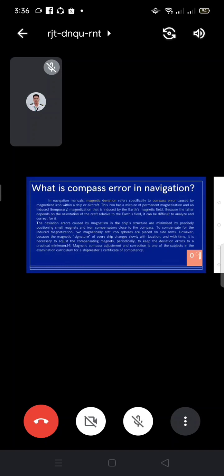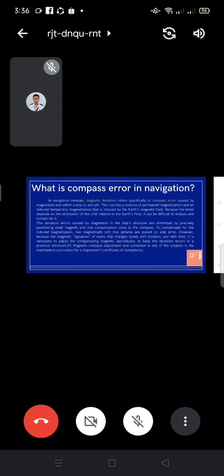The deviation errors caused by magnetism in the ship's structure are minimized by precisely positioning small magnets and iron compensators close to the compass to compensate for the induced magnetization, using magnetically soft iron spheres on side arms.